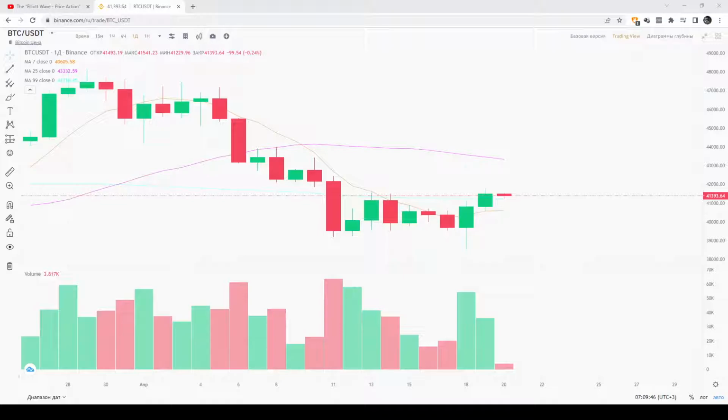Wave 2 never pulls back more than 100% of wave 1. If it does this, the trend cannot be confirmed. Wave 3 cannot be the shortest of the impulse waves. If wave 3 is too short, it means that is not the correct wave count.